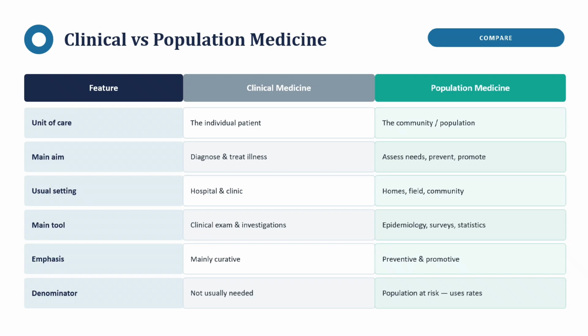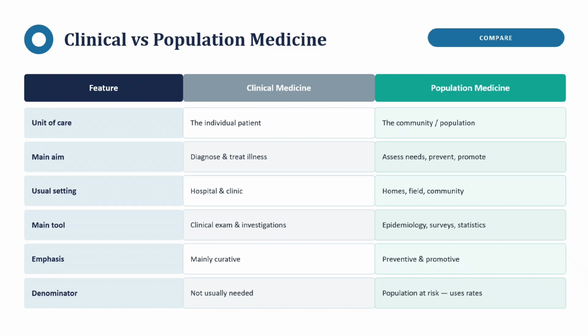The next one is usual setting. Hospital and clinic versus homes, the field and the community itself, which is exactly why community health takes you out of the ward and into people's homes. In clinical medicine, the main tool is clinical exam and investigations, whereas in community medicine, it is epidemiology, surveys and statistics.